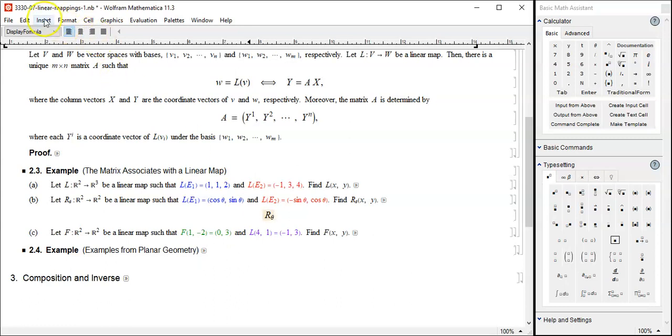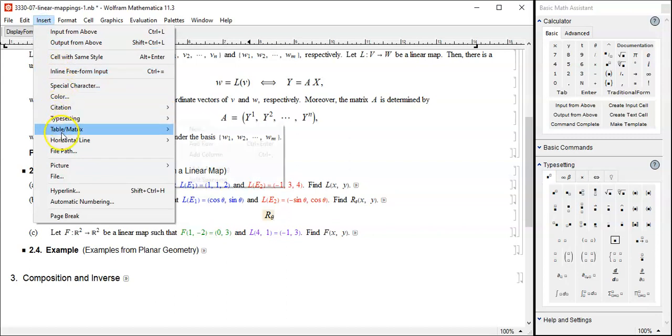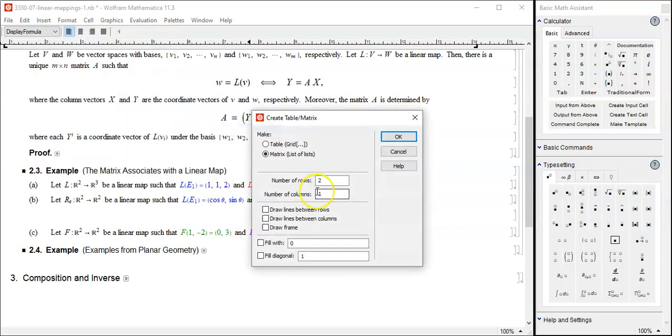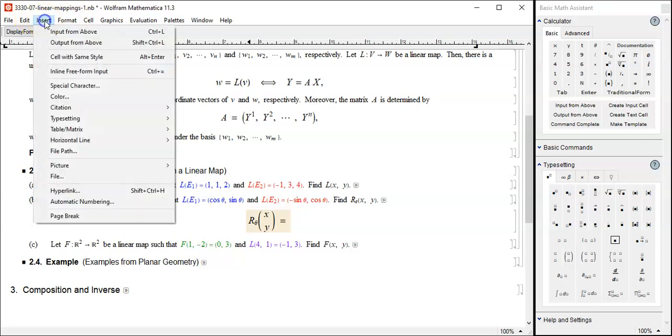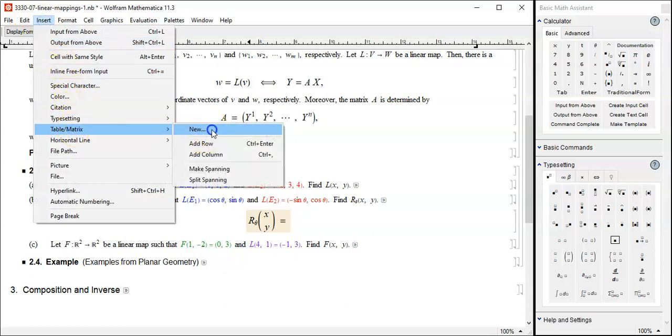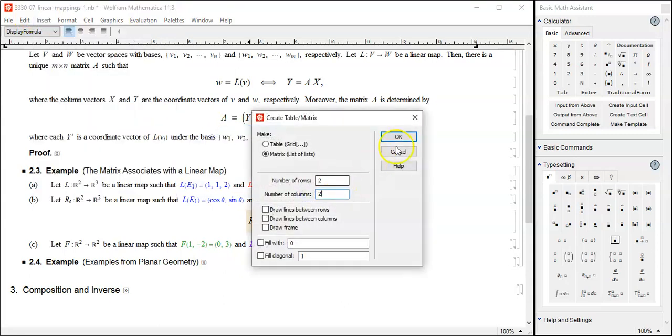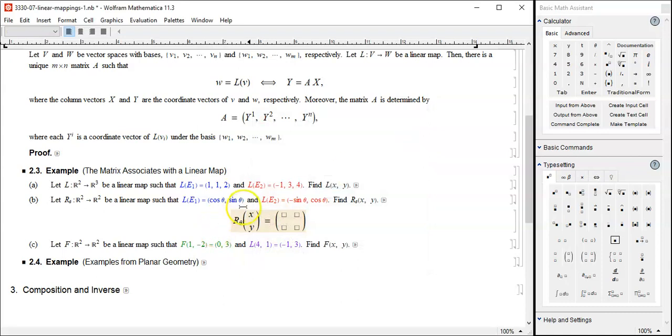x comma y. Okay, x, y is equal to, let's see, we want a 2 by 2 matrix now. And E1 is going to cosine comma sine.